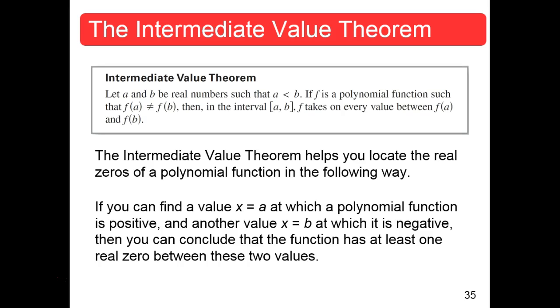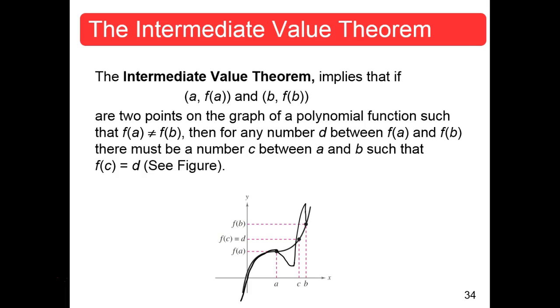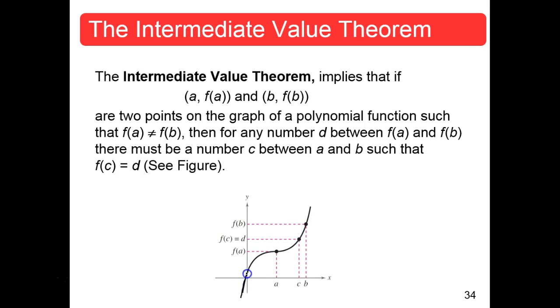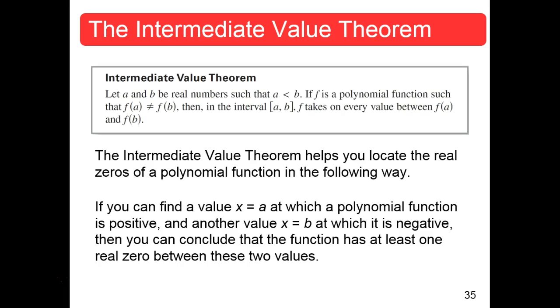Now, I didn't draw mine to show that, but let's go back there again, and let's delete that one, and let's go like, okay, so there are values outside f of a and f of b, that's fine, but it takes on every value in between, some of them a time or two, okay, or 3 or 4. Those still could be polynomial functions as long as they're smooth and continuous, okay? Don't worry about that part. All we're interested in now is the parts in between f of a and f of b.